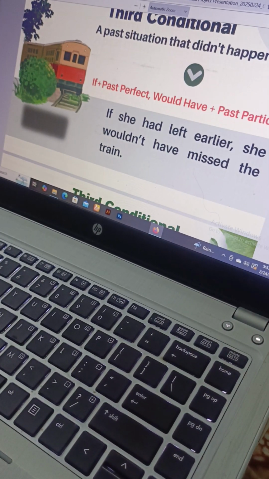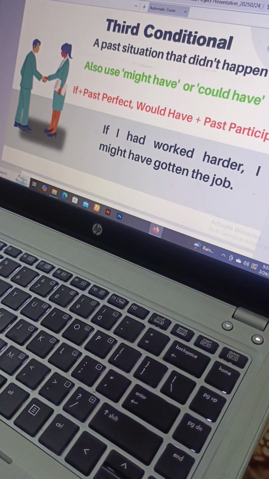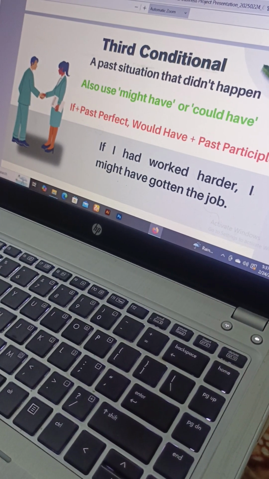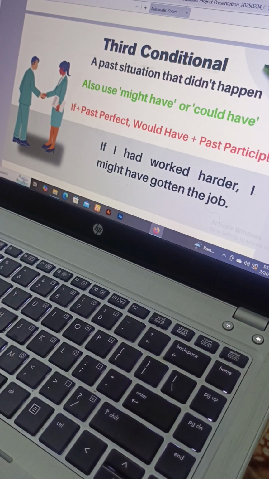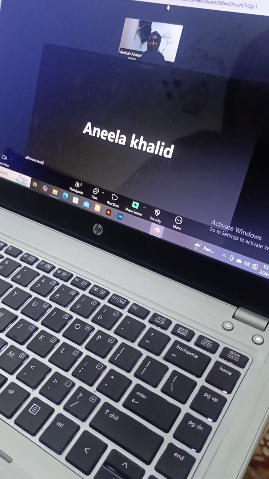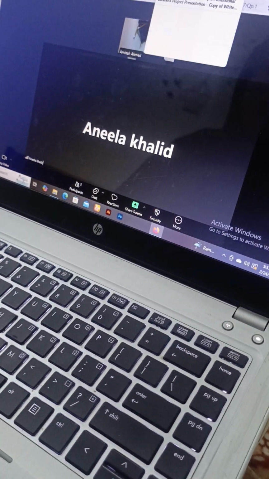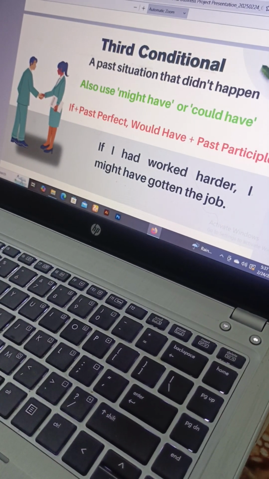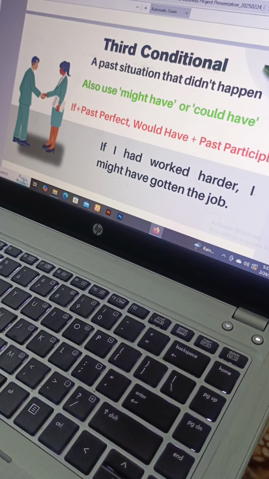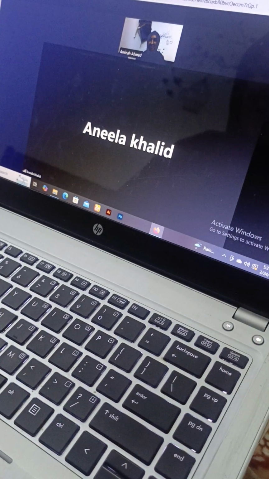Yes, ma'am, you are right. In fact, this is true, but I had this dream, but now I think that what I am now is very good for me, best for me, and Allah has given me what I needed to do. Yeah.